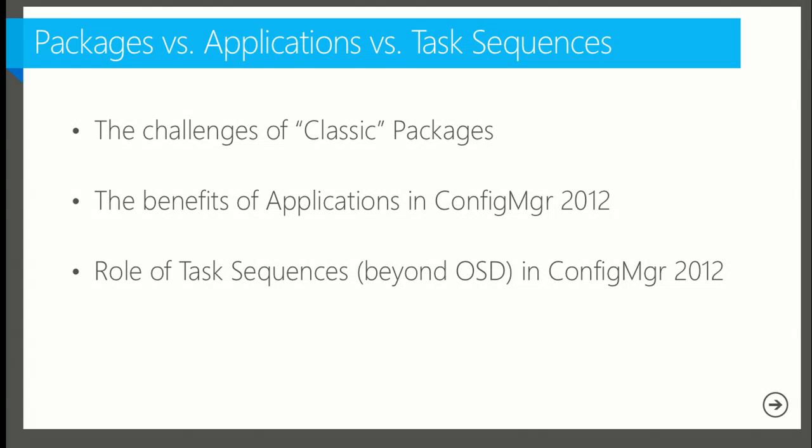However, there are still some gaps with applications and classic packages that we can fill by using Config Manager task sequences. Most people understand that task sequences are primarily used for deploying operating systems. However, they can be used for so much more than that, and that is my primary goal today.